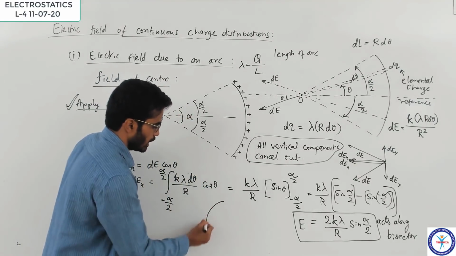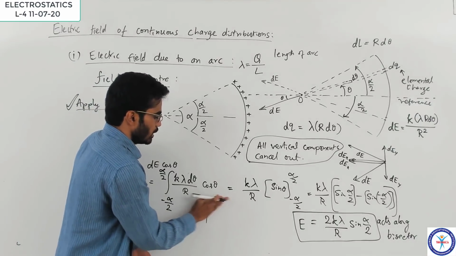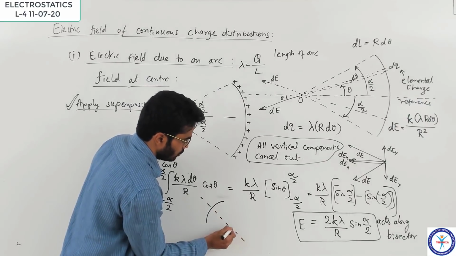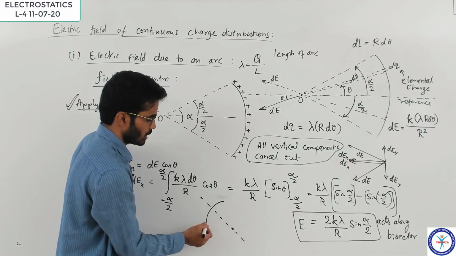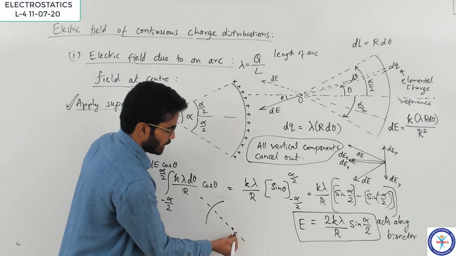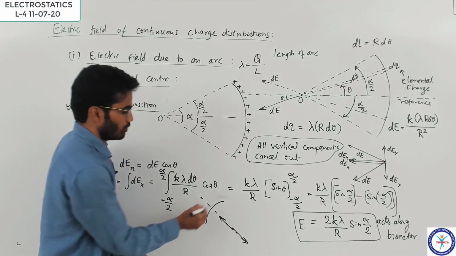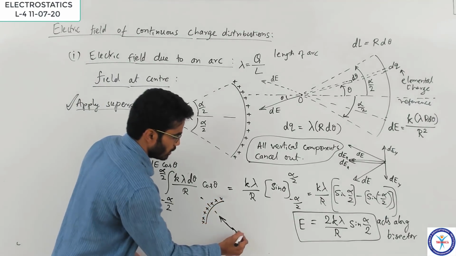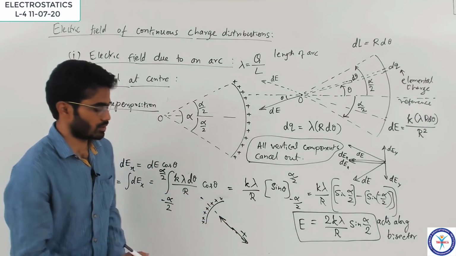If it is an arc, any arc, whether positive or negative, right? There is some charge distribution. Then you should know that the field always acts along the bisector. Why? Because the vertical components cancel off. And it can be either this direction or this direction. If it is positive charges, then the field will be outward, away from the charge.